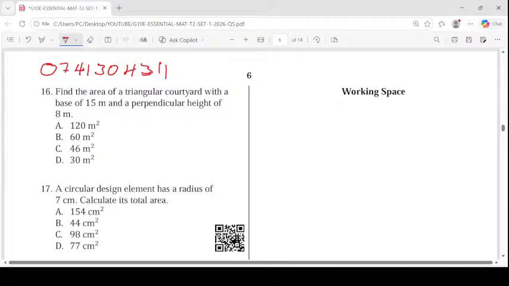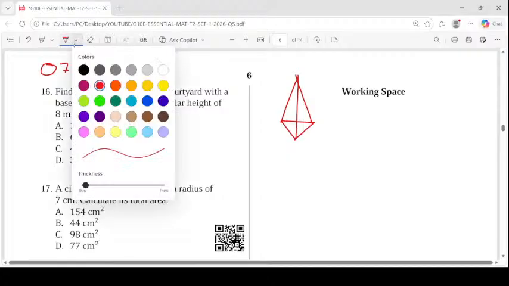So let us assume we have our triangular courtyard this way, where the blue line is the perpendicular height.